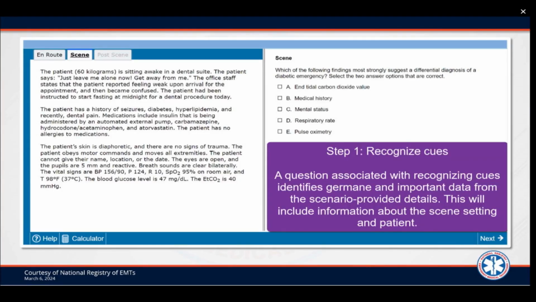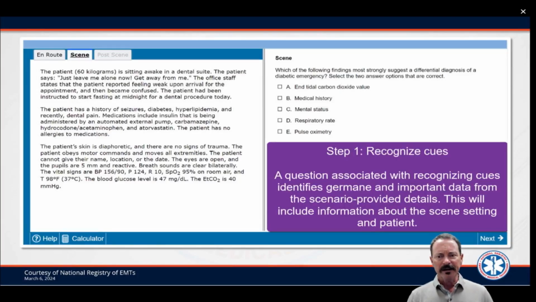So they're asking in step 1 to recognize the cues. A question associated with recognizing the cues identifies germane and important data from the scenario provided details. This will include information about the scene and the scene setting and the patient.